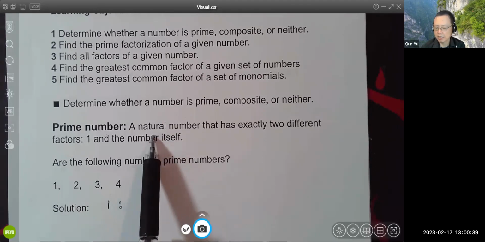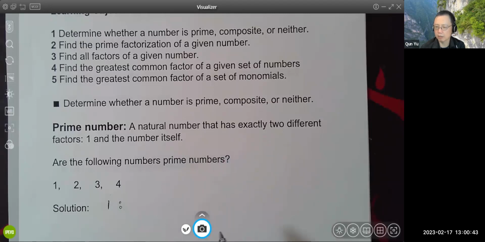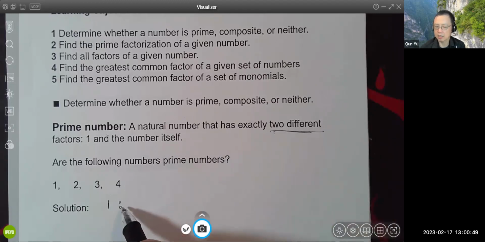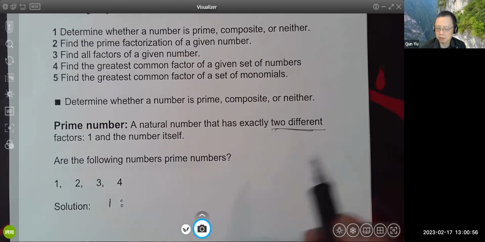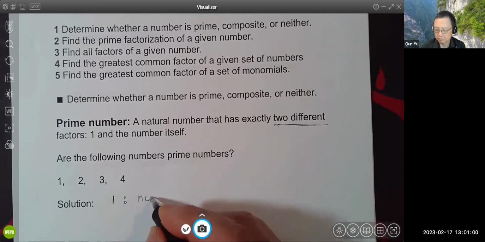It has to be a natural number that can be divided by 1 and itself evenly, only 1 and itself, 2 different numbers. So 1 can only be divided by 1 and 1, so it's not 2 different numbers. By the definition, this one is not a prime number.